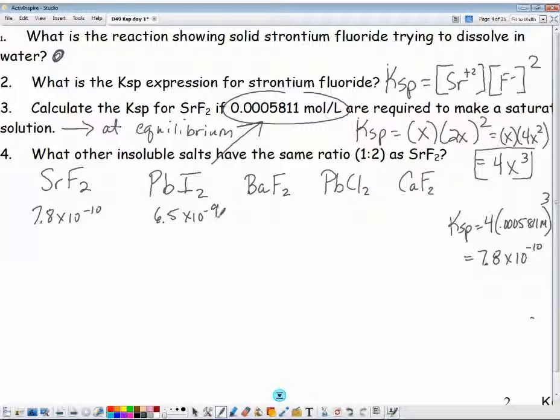Okay, so what's barium fluoride? And since we're right there, what's calcium fluoride? 3.4 times 10 to the minus 11. All right, what's PbCl2?